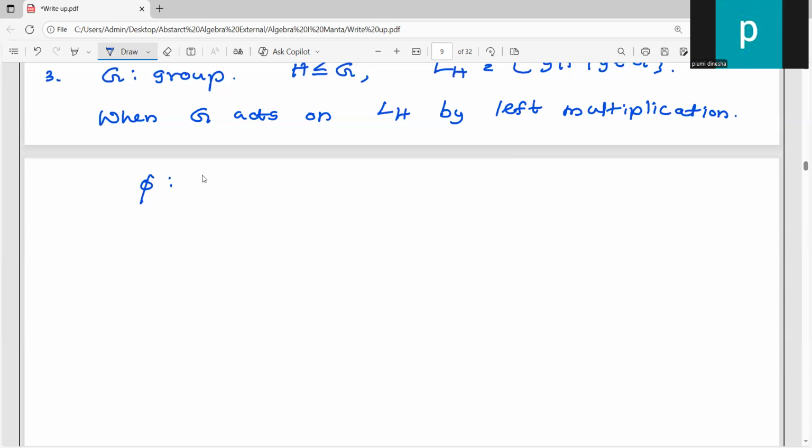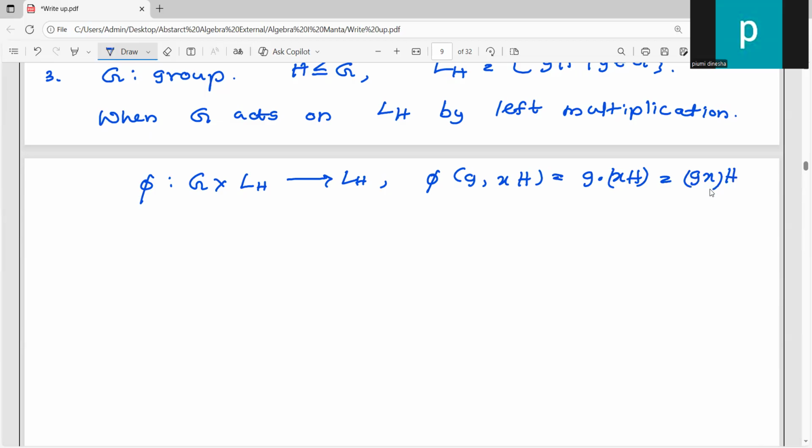You have phi from G cross LH to LH, where phi of g comma xH, denoted by g dot xH, is simply given by gxH. This means the left coset of H in G by the element g times x.